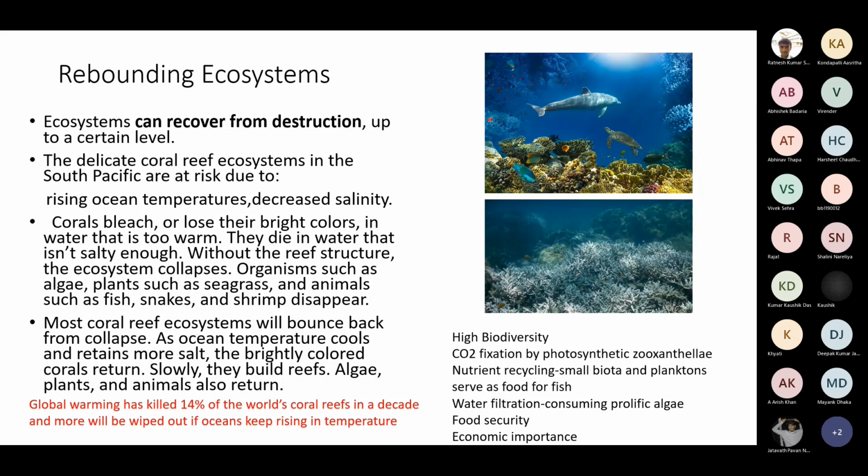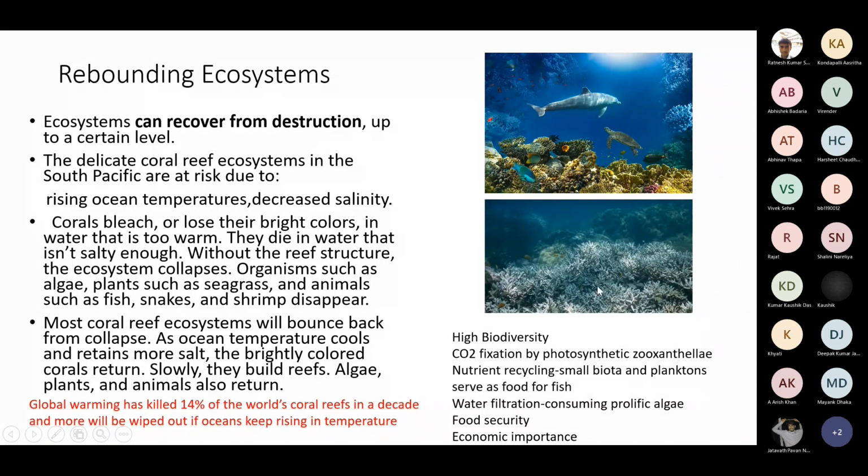Now, the coral reef is extremely important as far as the ocean or the marine environment is concerned. These are ecosystems which can recover rather quickly from destruction, but only up to a certain level. Here is an example of what global warming can do to these coral reefs.